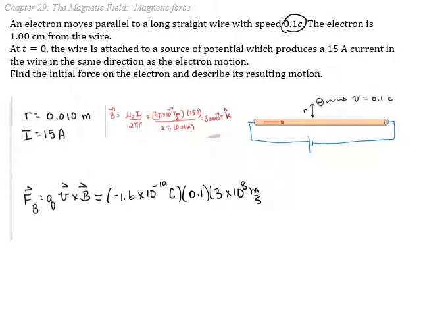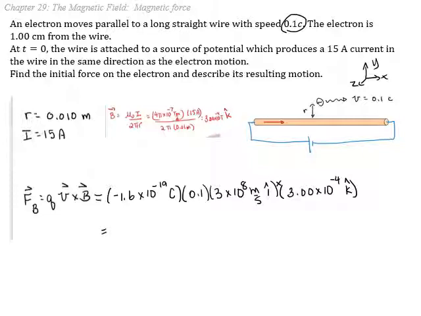The velocity is to the right, that's the x direction. Times our magnetic field, which we found was 3 times 10 to the minus 4 Teslas in the k direction. And I dropped my cross there between V and B, so I'm just going to pop it in right up there. I can bring my i and k to the end.